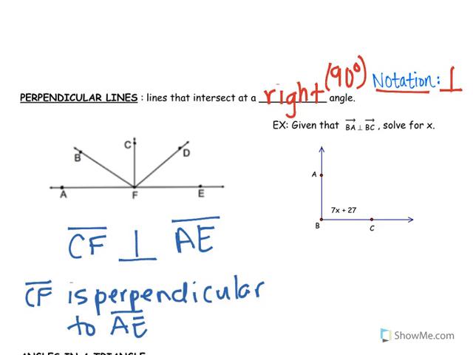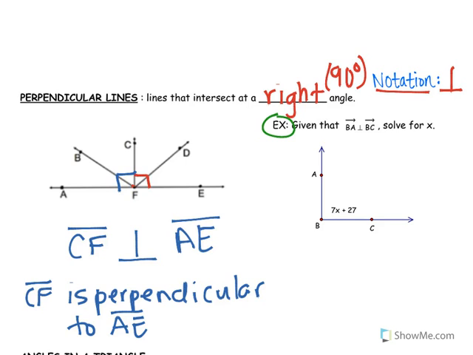And what that means is if I look at CF and I look at AE, they're going to intersect at a 90-degree angle. So I can take this intersection point at F and know that that point there creates a 90-degree angle. And notice AFE is a full line, so I also know that the other side of that intersection is a 90-degree angle. We can also use that to help us solve some problems.